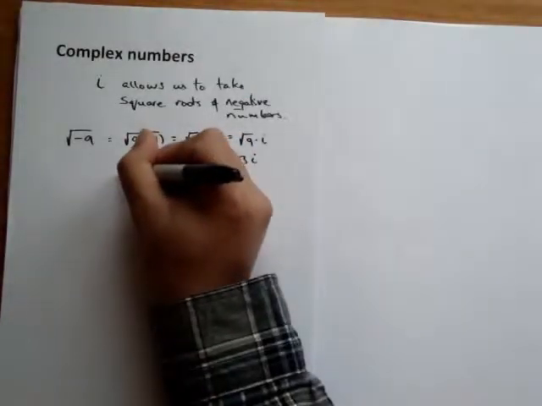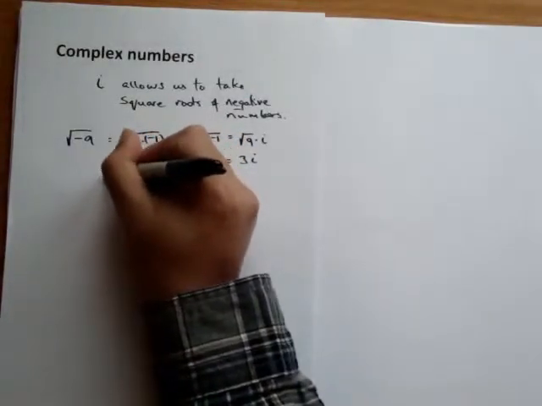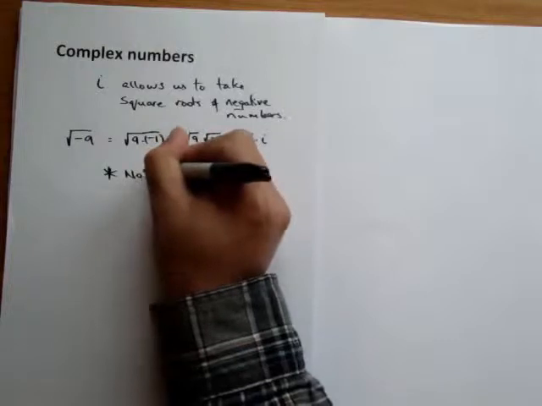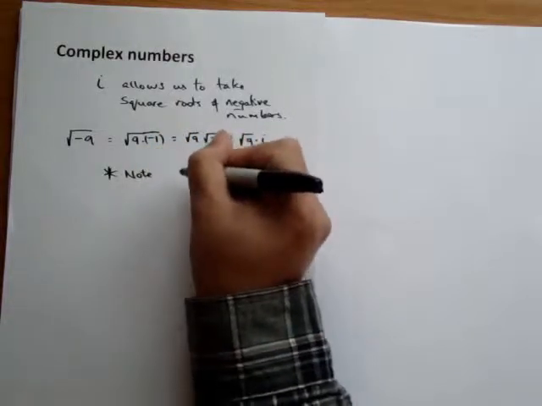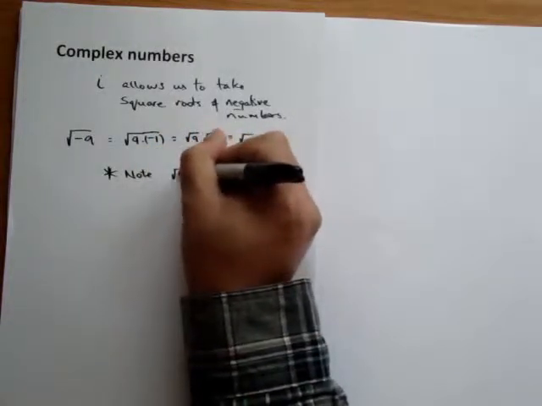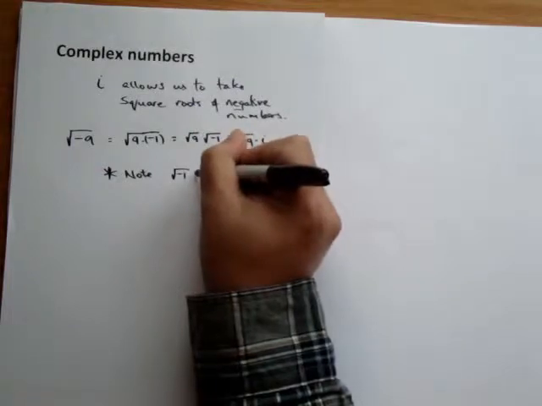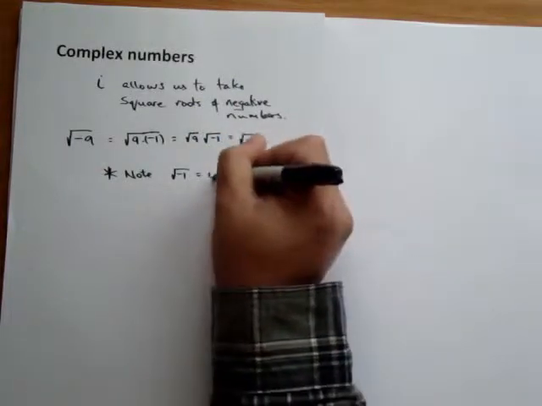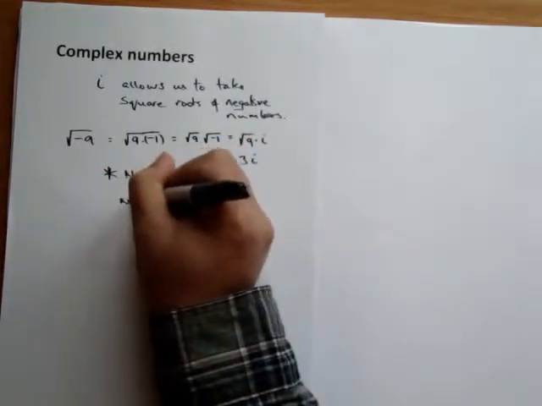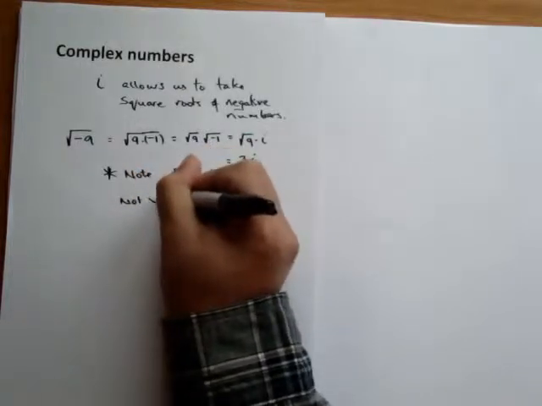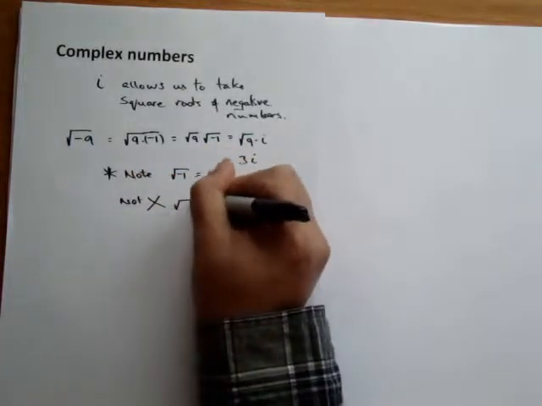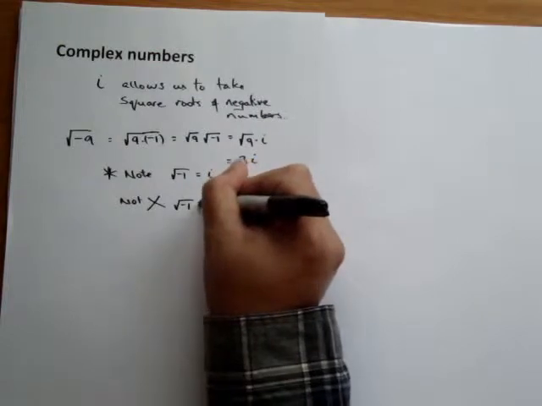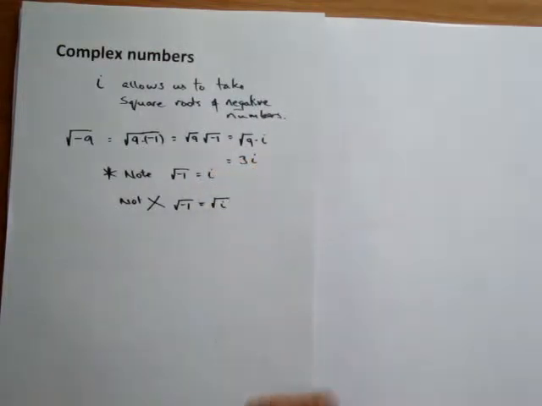We have to do a special note that the square root of -1 equals i, not that the square root of -1 is the same as the square root of i.